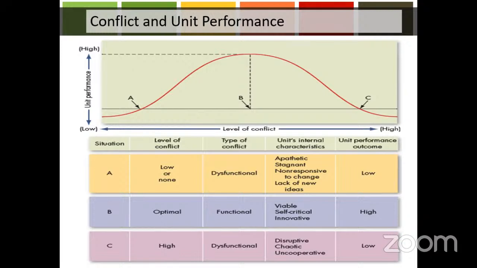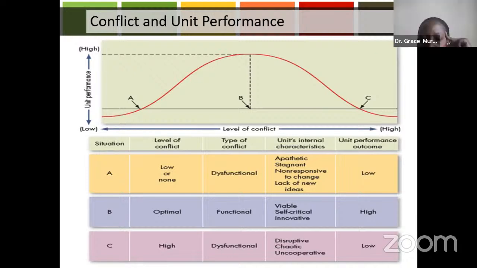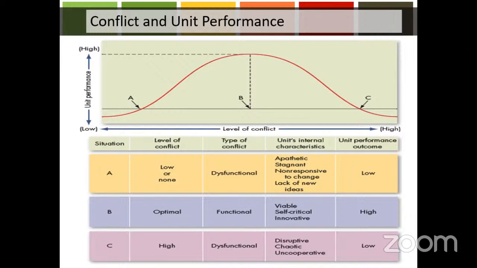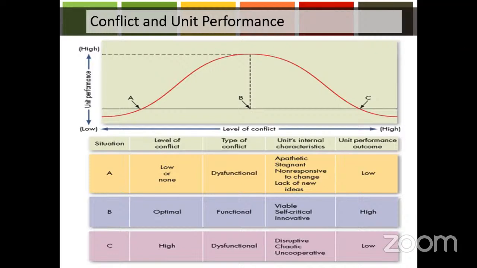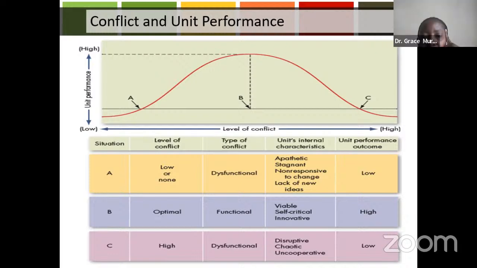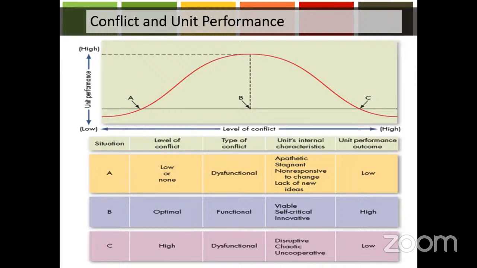Meaning the kind of conflict here is healthy conflict that brings a challenging kind of situation at the workplace, which brings out a high level of performance. So what I'm seeing here is that conflict is not bad after all. Sometimes it brings out something positive. That's how I interpreted this diagram.